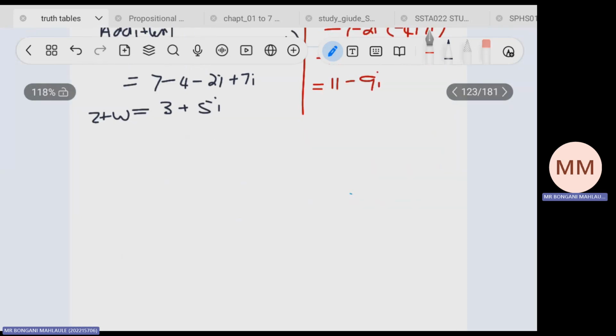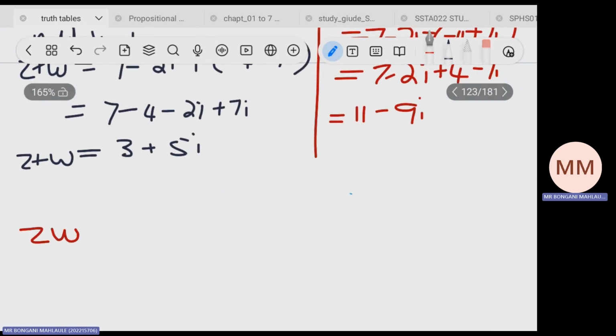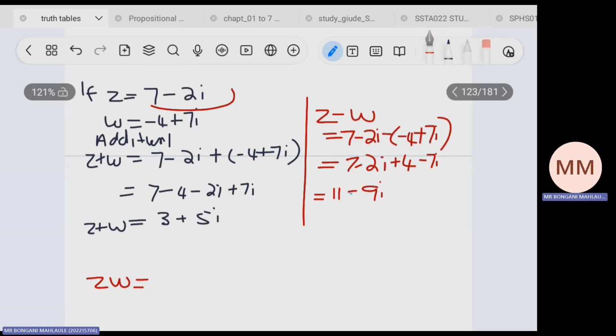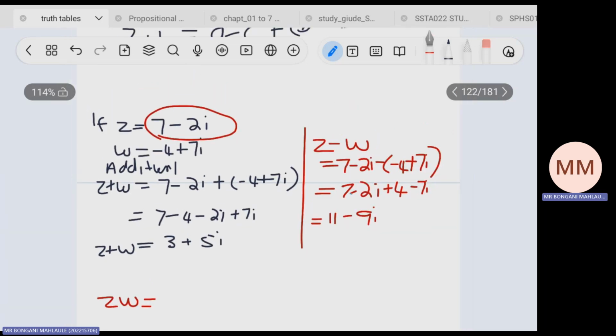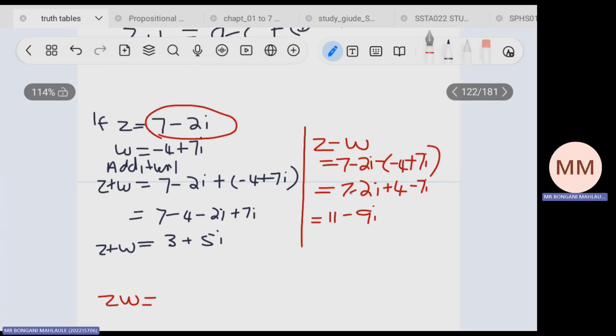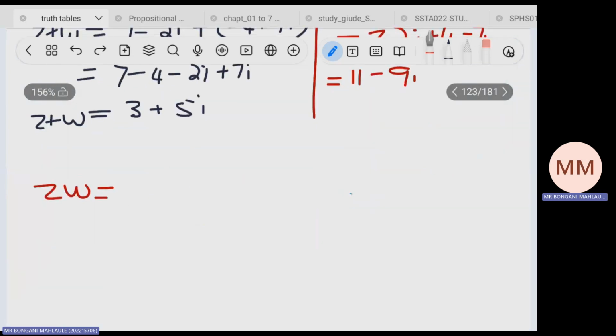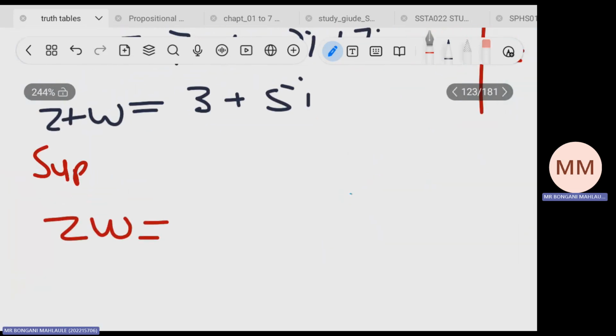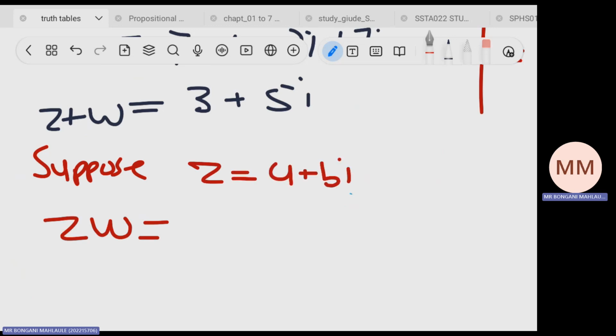Now if we were doing multiplication zw, so you have 7, you have that, and you also have this one. So you just multiply, but let me use a different example. Suppose you have your z as a plus bi and your w as c plus di.